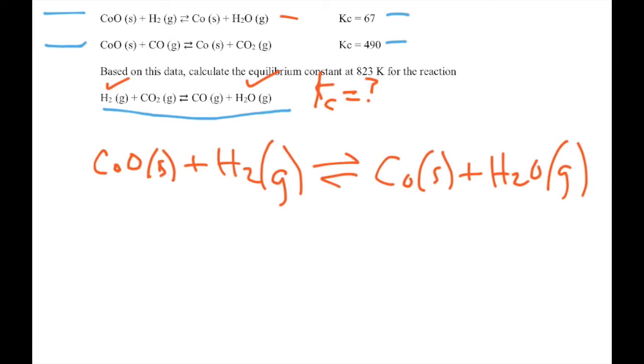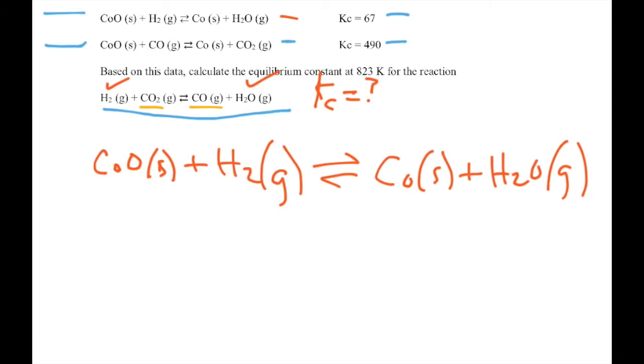So now again, we need to get the two other species, the CO2 and the CO. We do need to get those in our overall reaction. So let's look at our second reaction above. We do see CO and we do see CO2, but we see these other things.